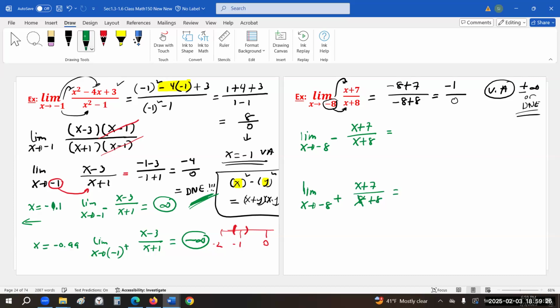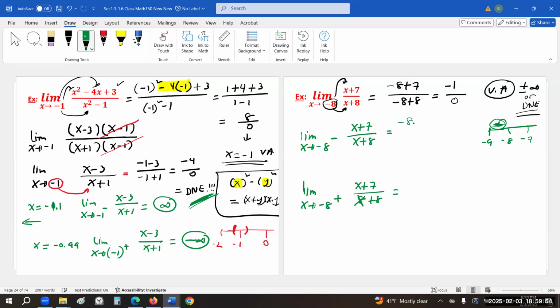Now you can pick any number. Sanzim picked -8.1 and -7.9. If you're confused about which one is left and which one is right, we have -7, -8, -9. Left-sided limit means we are picking a number here, anything. So it's -8.1.